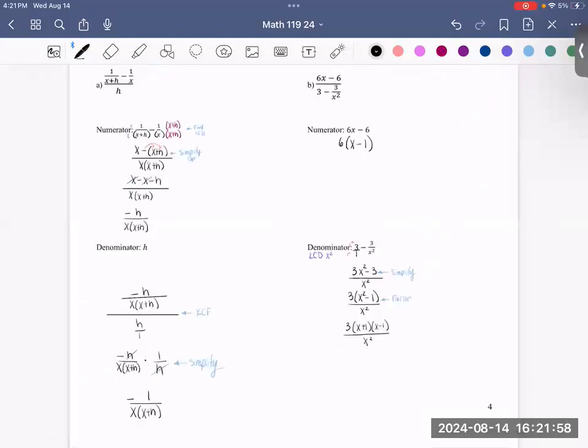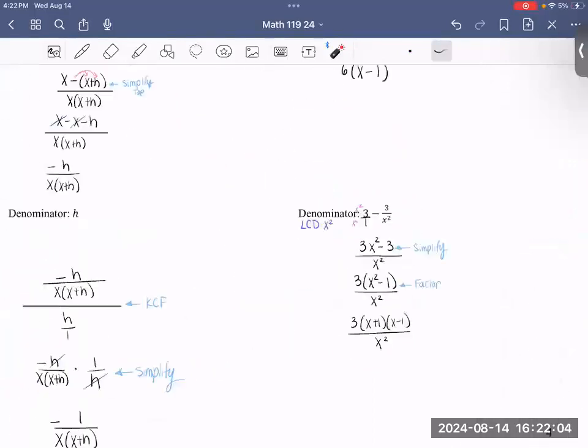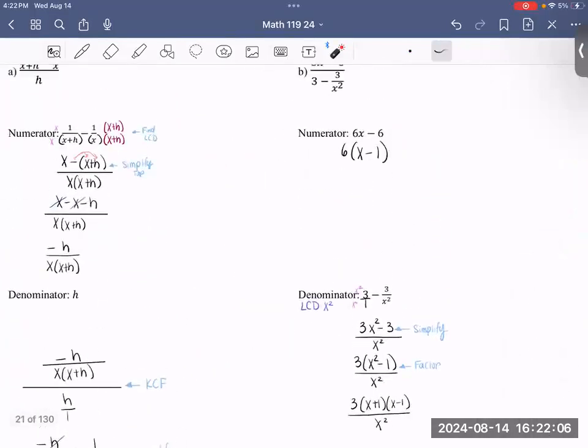So now let's bring these two ideas together, your numerator with your denominator. So you get 6x minus 1 over 3x plus 1, x minus 1 over x squared.